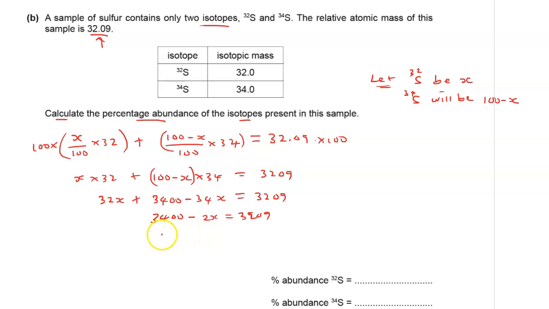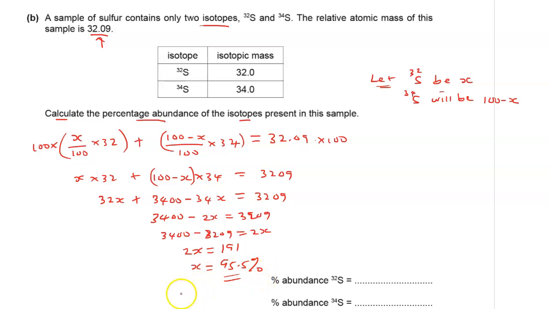Of course, you can rearrange this equation: 3400 minus 3209 is equal to 2x. Therefore, 2x is equal to 191, and x is equal to 95.5%.